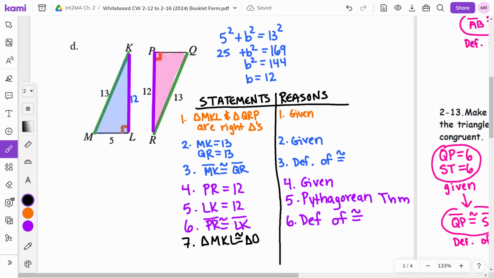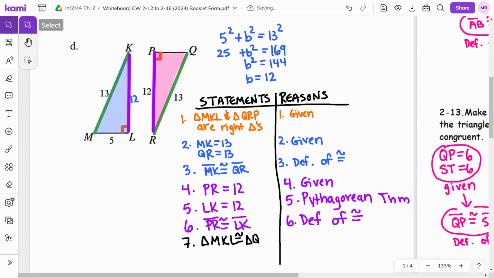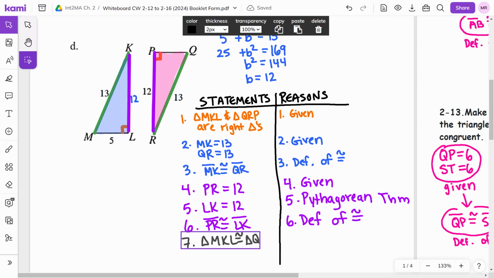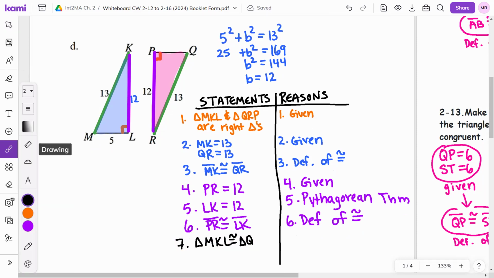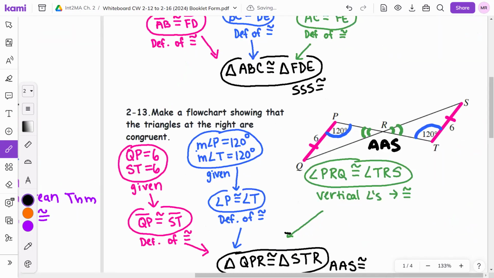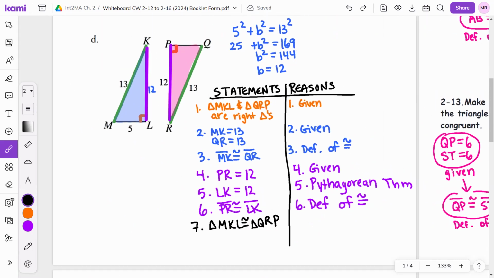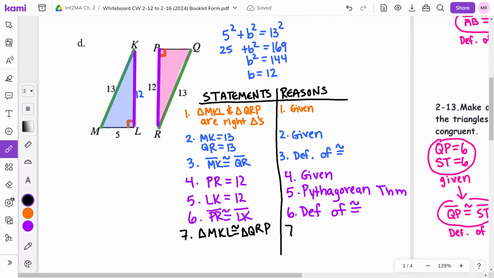M corresponds with Q, K is corresponding with R, and then L was the right angle, so P. And the reason is hypotenuse leg congruence. And that's the end of these proofs.